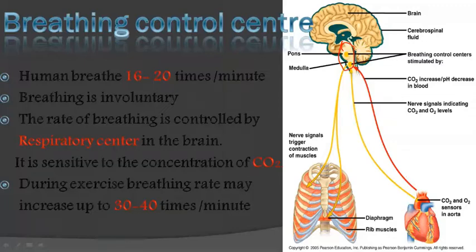When the blood reaches the heart, the sensors which are present there, the nerves as well, and some chemoreceptors and some other receptors present in the aorta sense the amount of carbon dioxide in the blood.